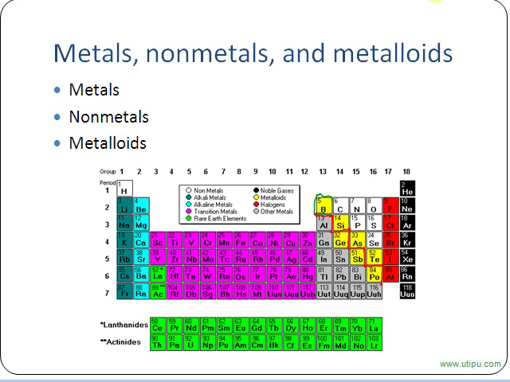Take silicon, for example. That's one of the reasons silicon is used in computer chips, because it sometimes acts like a metal, sometimes like a nonmetal. Sometimes it can conduct well, sometimes it can't, and that lets you turn currents on and off at certain times, which allows it to work as a computer chip material. So these are your metalloids that sit right there.